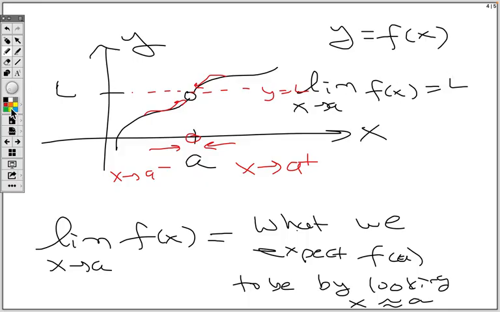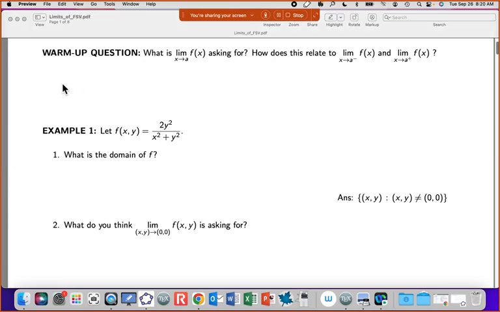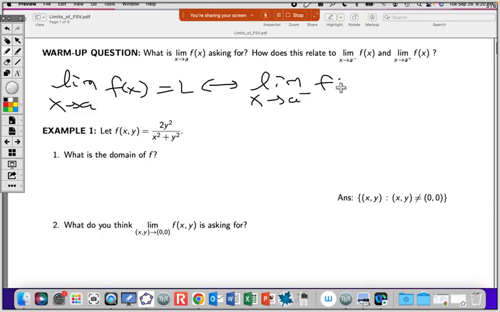In order for the limit to exist, what has to be true about the limits from either side? So if the limit as x approaches a of f of x equals L, what has to be true about the limits as you come in from each direction?